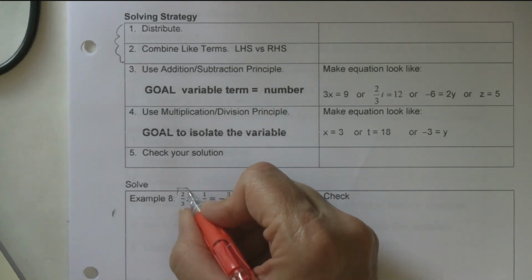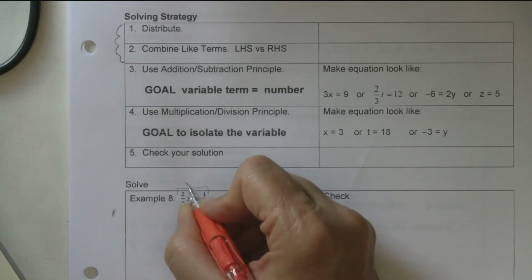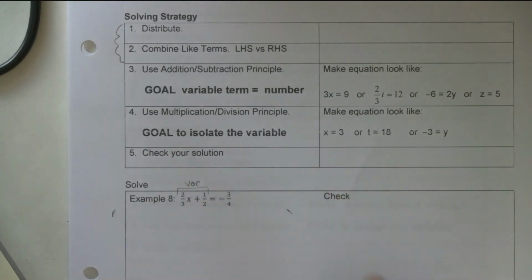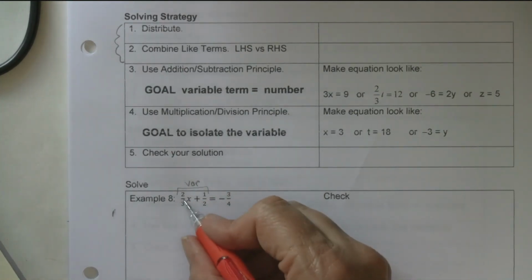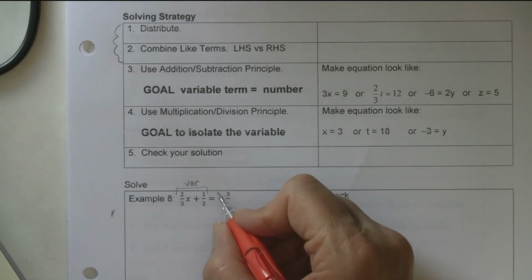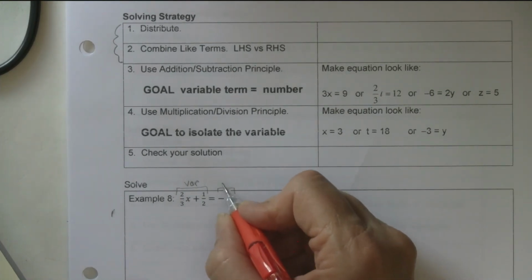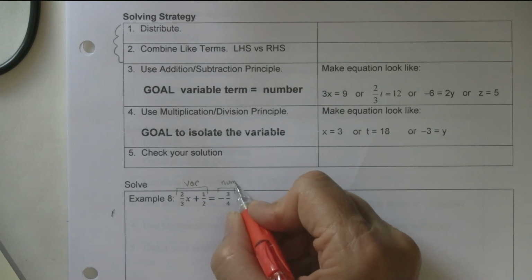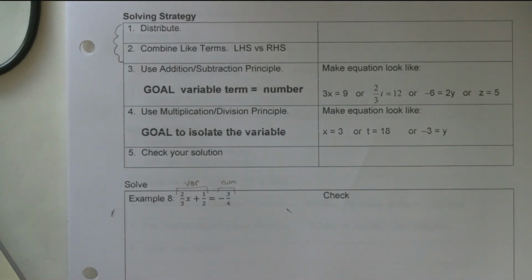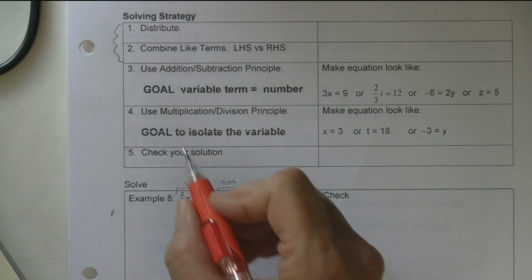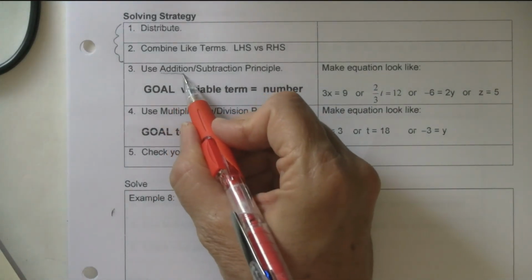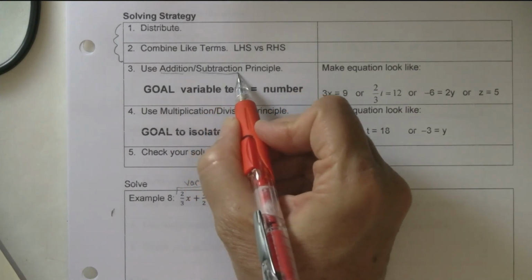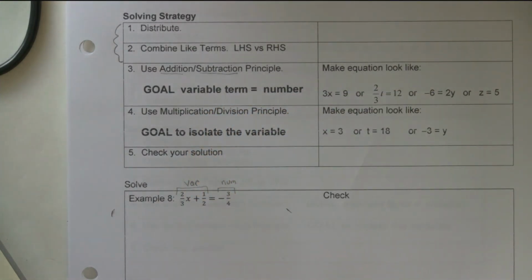This right here, I want to make it so that this is just a variable. And right now, it's a variable and a number. And then I want to make this over there so that it's just a number. And I'm like, well, hot diggity dog, it's already just a number. And so what I'm going to have to use is my addition or my subtraction property or principle so that I can make that true.